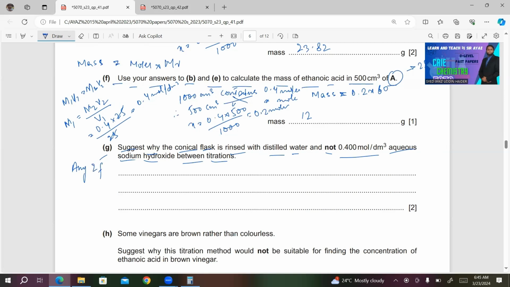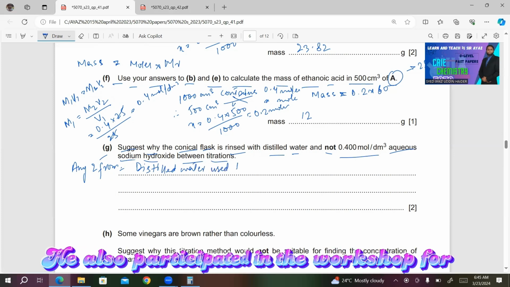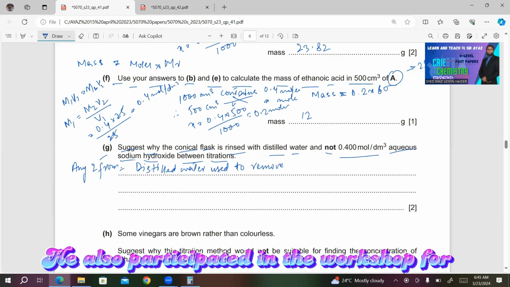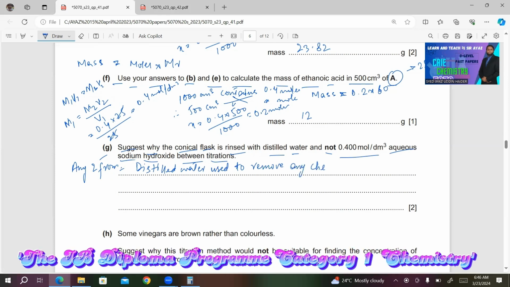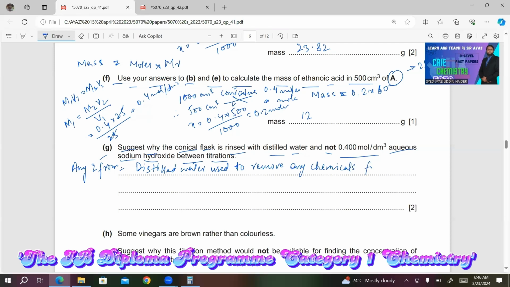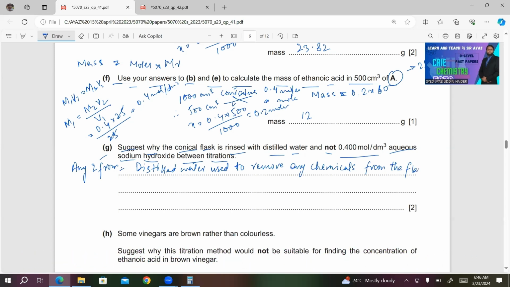Any two from: distilled water used to remove any chemicals from the flask.